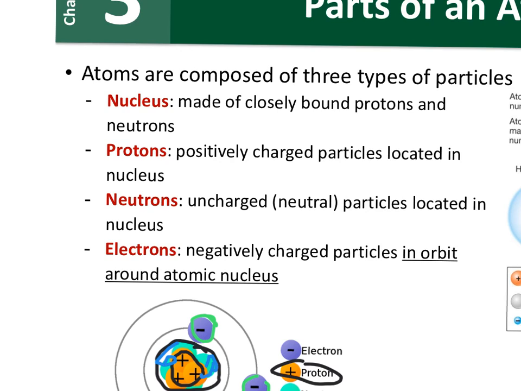So protons are positively charged, neutrons have no charge, electrons are negatively charged. And in a nucleus, usually you're going to have protons and neutrons except for hydrogen, which you'll only have a proton. And for each proton that you have, you're going to have one electron.